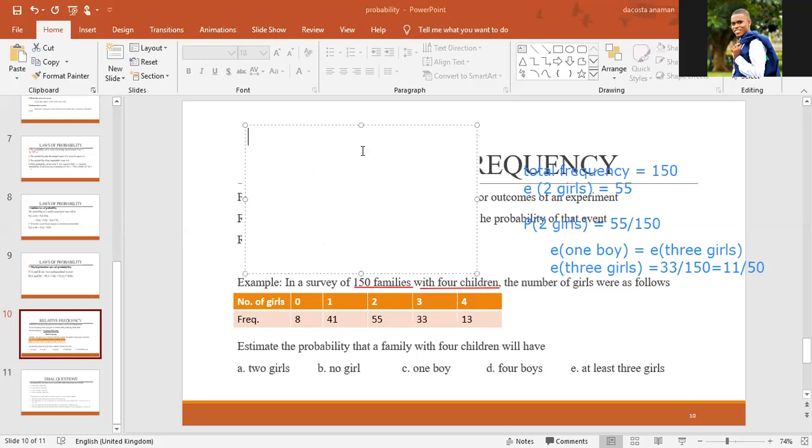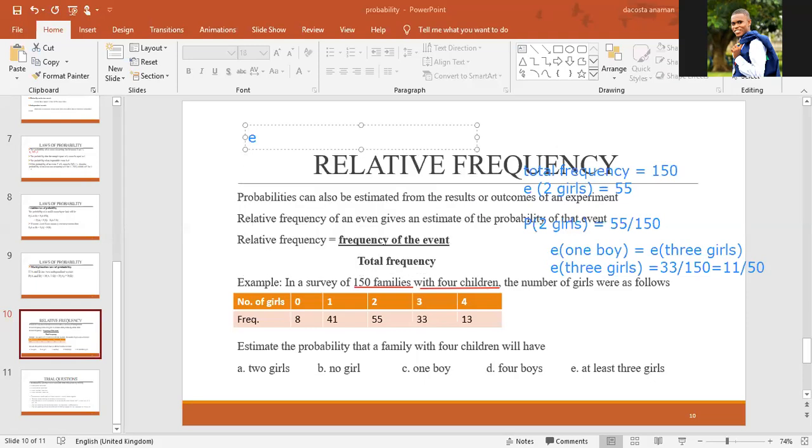Okay, so the probability of having at least 3 girls means that we want to have 3 girls or more.